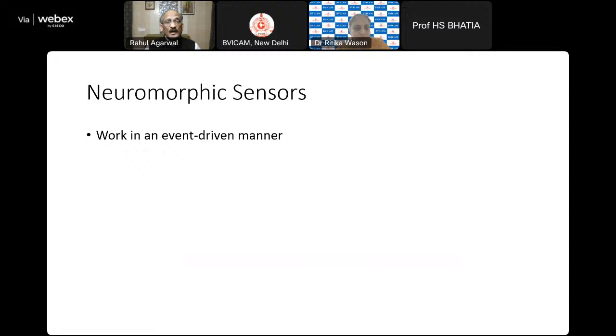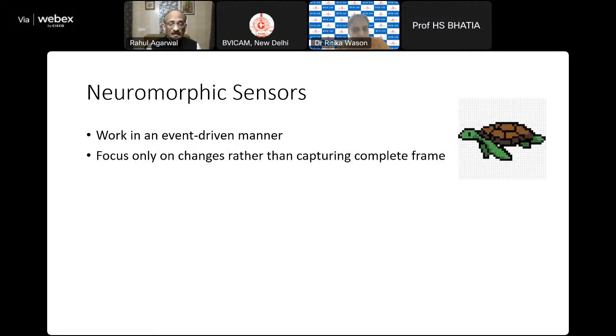There's another related concept of neuromorphic sensors, which work in an event-driven manner. It focuses only on changes rather than capturing the complete frame. For example, if you look at the pixels of this image, and the image is moving, then only the changes in the picture would be captured and transmitted.